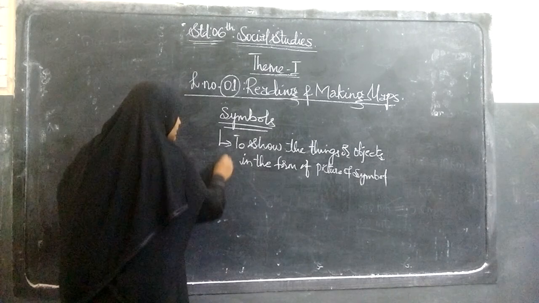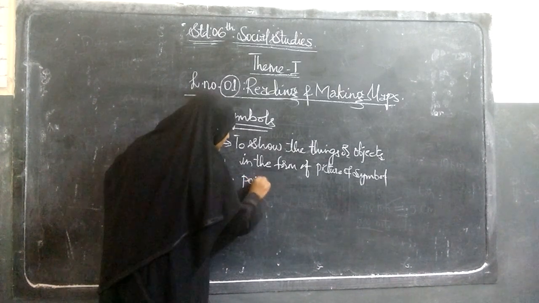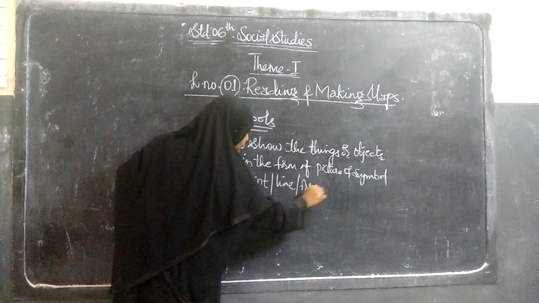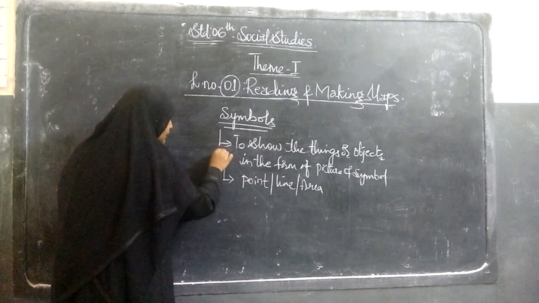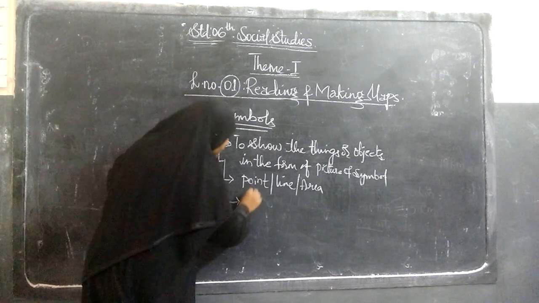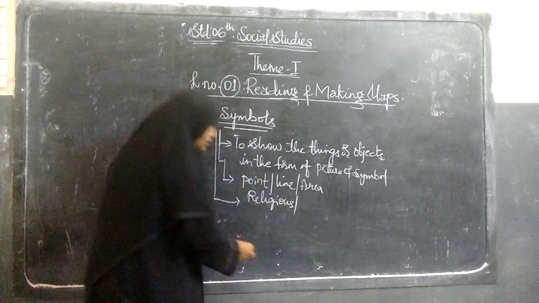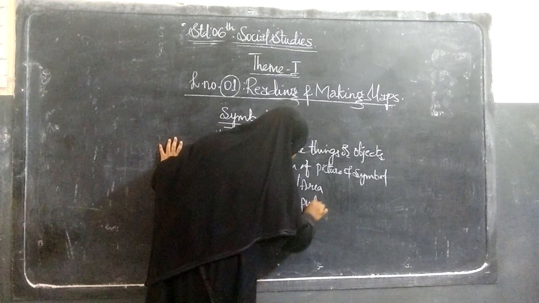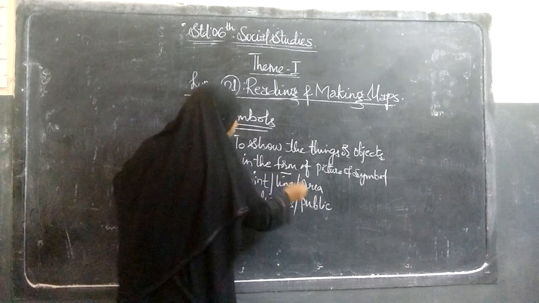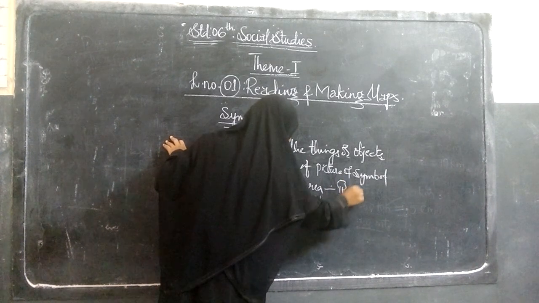So what are the symbols that we are going to include here? They are in the form of a point, in the form of a line, in the form of an area, and symbols are classified into different types, like religious, public. So the point is in the form of a point, the line is in the form of a line, and the area is in the formation of trees, next to wells.